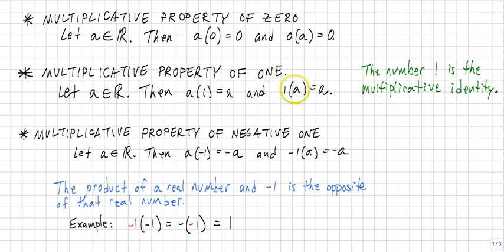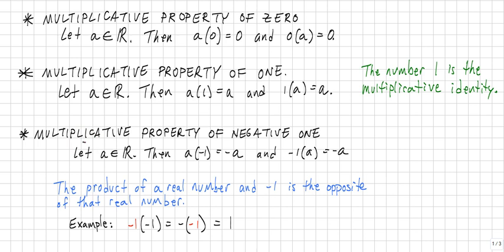And if you take 1 times any real number, you get that real number again, A. So for multiplication, we call the number 1 the multiplicative identity, because when you multiply by 1, it does not change the number. It's very similar to addition, where when you add 0 to a number, it doesn't change the number. So 0 is the additive identity, and positive 1 is the multiplicative identity.